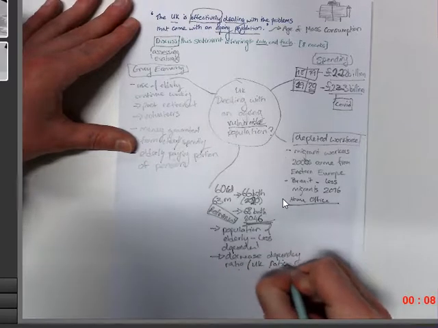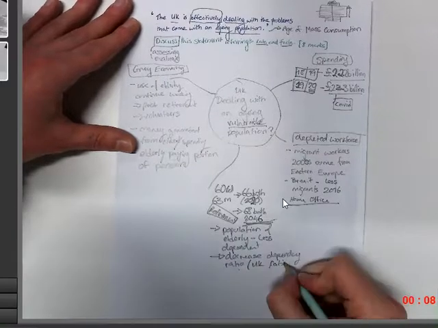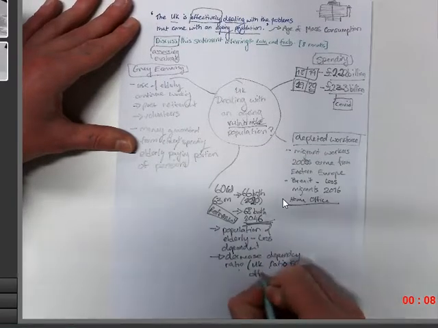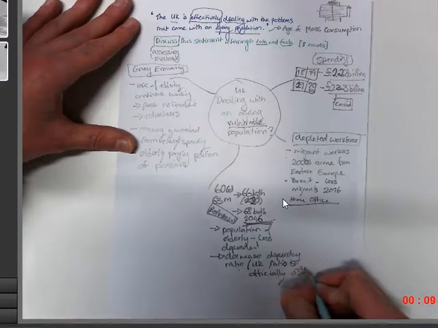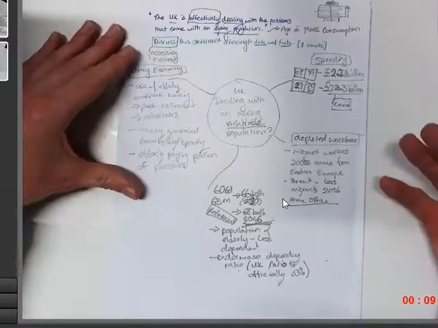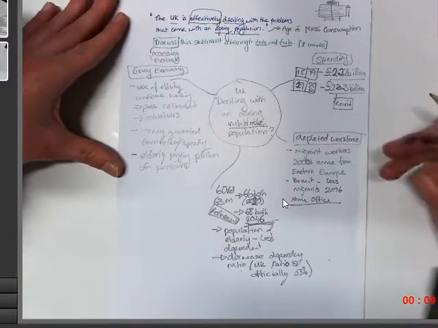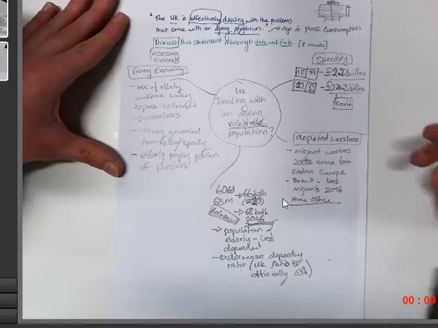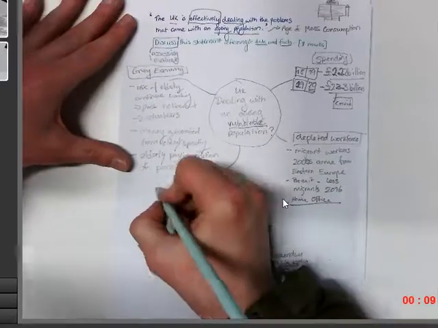The UK's ratio is over 50%. We worked out in class the other day that the UK ratio is officially 63% right now, though that doesn't take into account the number of dependent people on unemployment benefit, for example. You might even think of the number of people at home taking care of their children that are not working as well. So there is a huge amount of factors to consider.